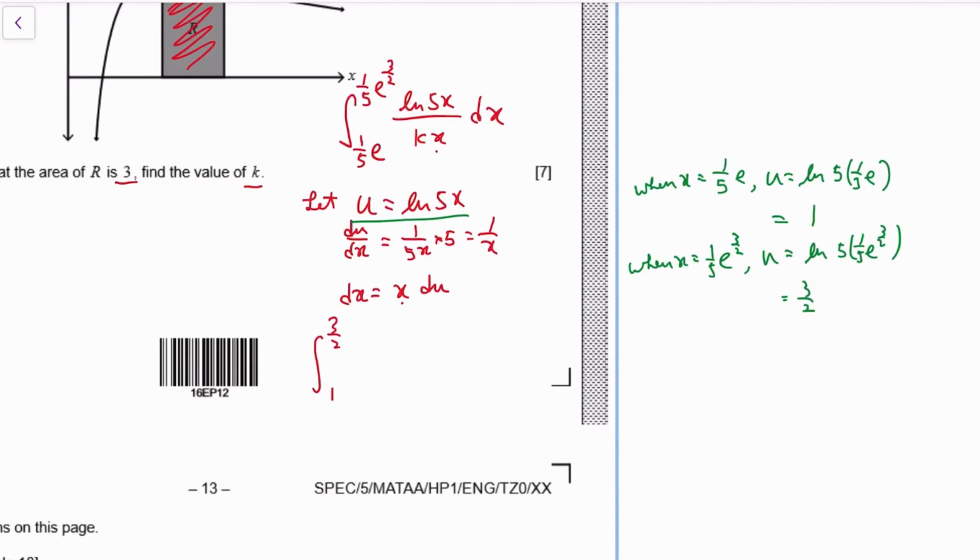ln 5x is u, over kx, dx is x du. Some of you can probably do substitution faster than this. Take out the k. The k is a coefficient, just a number. But I would do it the usual way.